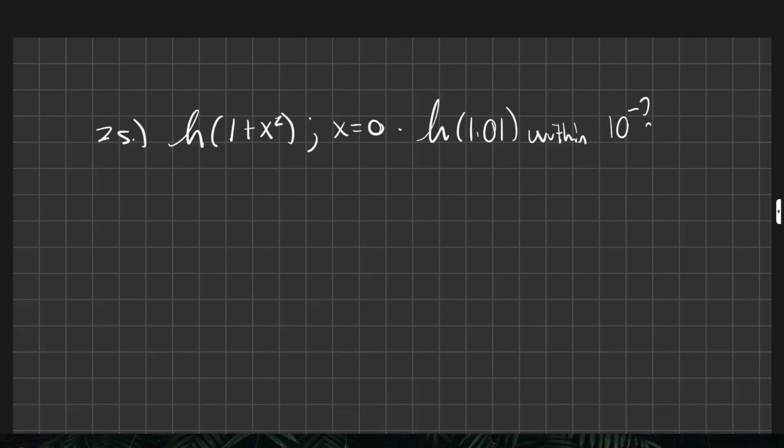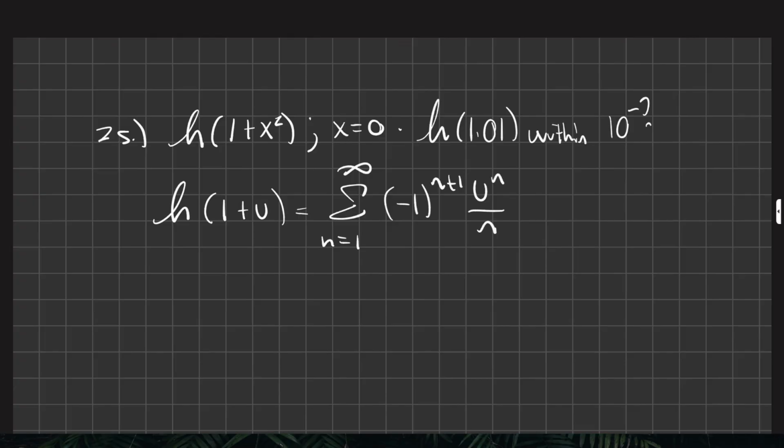Okay. Let's see here. We want to use the fact that ln of 1 plus x has a general power series. So if we just think of that x squared being a u, then this is just the power series from n equals 1 to infinity of negative 1 to the n plus 1 u to the n over n.